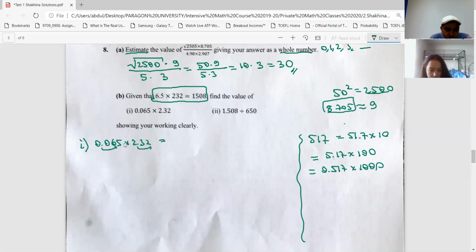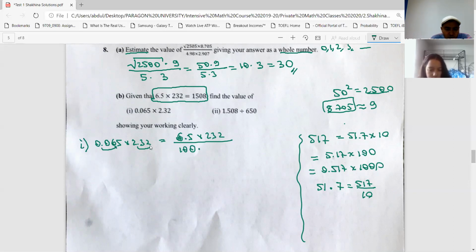If you move the decimal point to the right, we should divide by 10. For example, 51.7, if I move this to the right, that's equal to 517 divided by 10. Similar to this, I can write it as 6.5 times 232 over, I move this decimal point 2 digits to the right, so I should divide by 100.